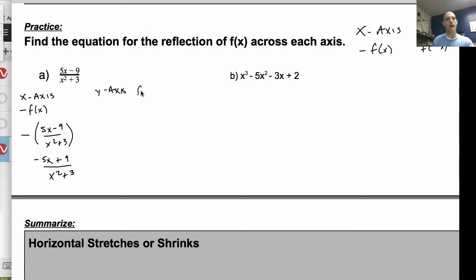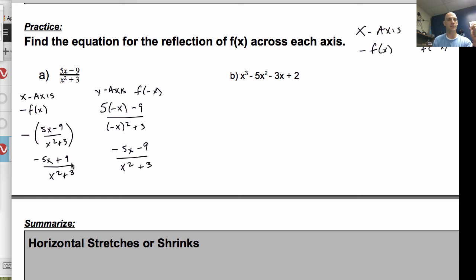For the y-axis, I need to do f of negative x. I'm literally going to put in negative x for every single x. So it's 5 times negative x minus 9 over negative x squared plus 3. So I have negative 5x minus 9 over x squared, because squaring a negative x would just give me x squared, plus 3.